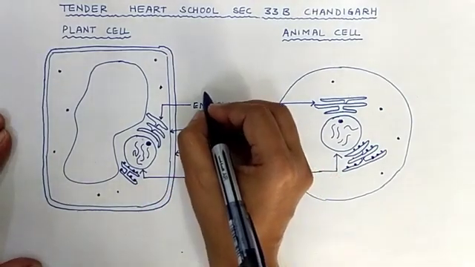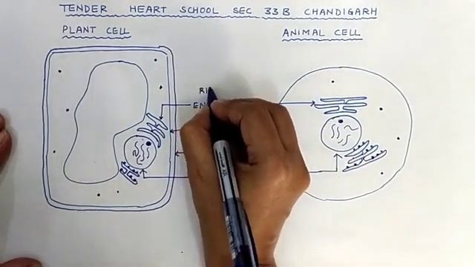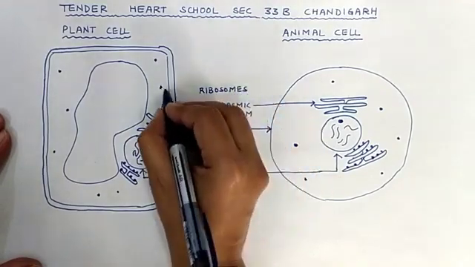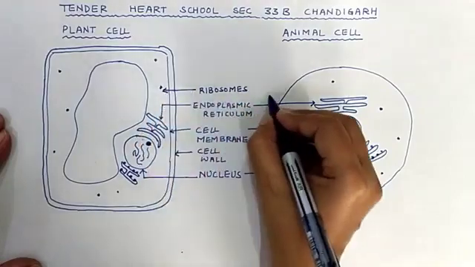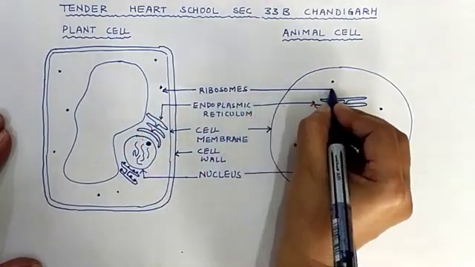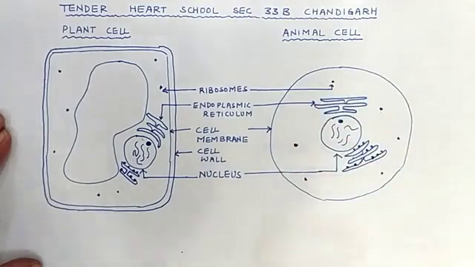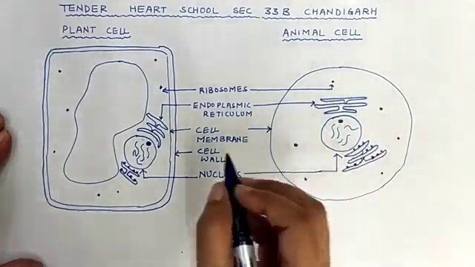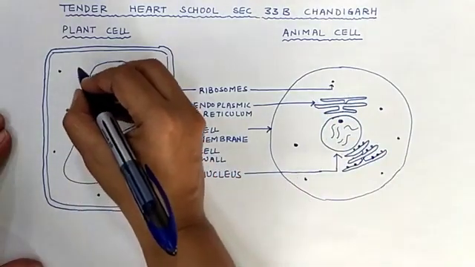So let us label these ribosomes. So these are the ribosomes. Ribosomes, small granular organelles which are helpful in protein synthesis. Okay, then you can make the mitochondria.